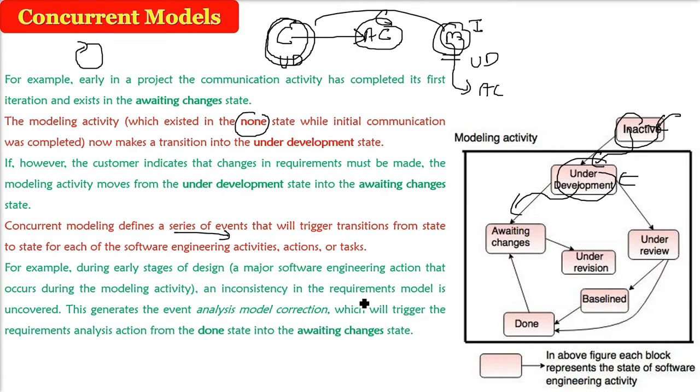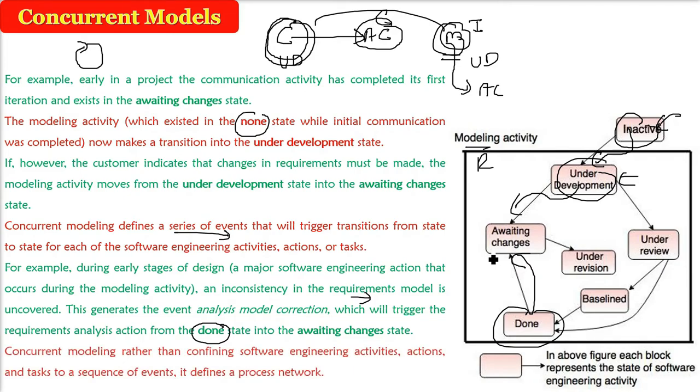During the early stage of design, if some inconsistency is there, say some requirement model problem, this will again trigger the requirement analysis action from done, because all our requirements had been taken, so it will go to awaiting changes, because now the changes will go under revision, under review, like this.